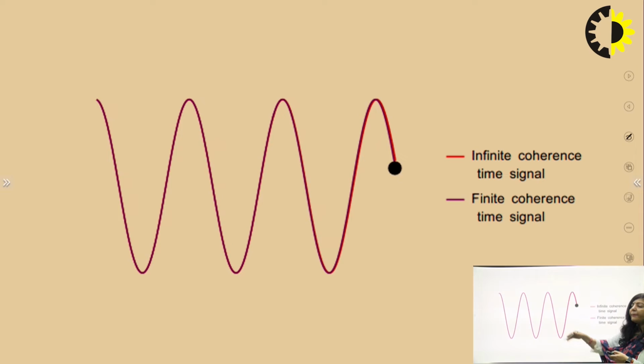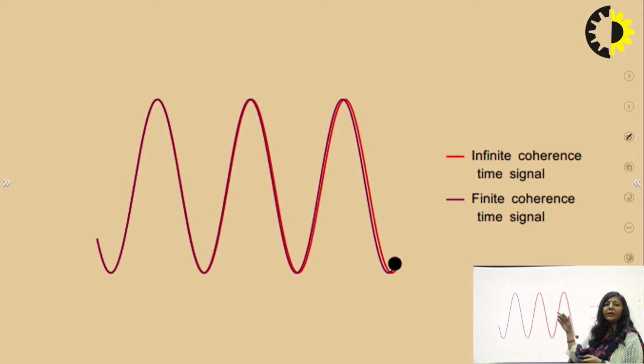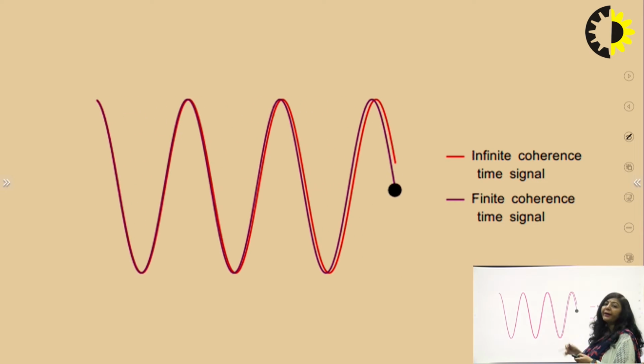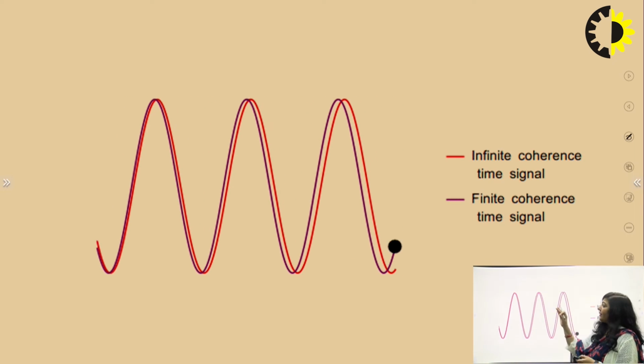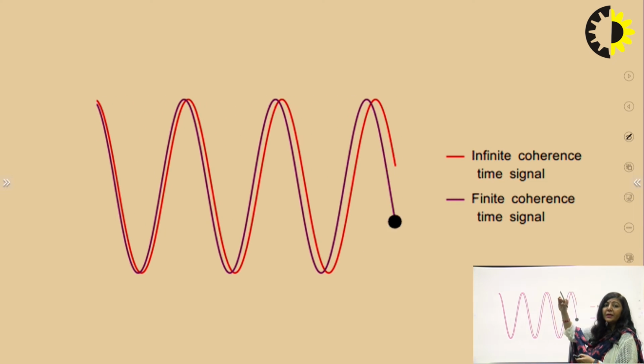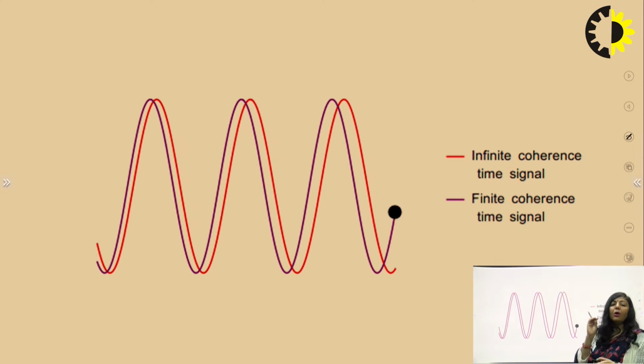So you can see here perfect sinusoidal behavior. This perfect sinusoidal behavior for ideal sources will be maintained for infinitely long time. But for practical sources, for real sources, this perfect sinusoidal behavior along the direction of propagation is only for a finite time.